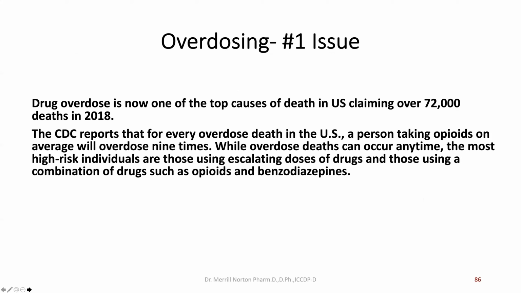But with opioids, overdosing is the number one issue. And again, we have had an estimated, by the end of this year, close to 1 million deaths directly related to opioids or combinations of opioids in those deadly combinations.